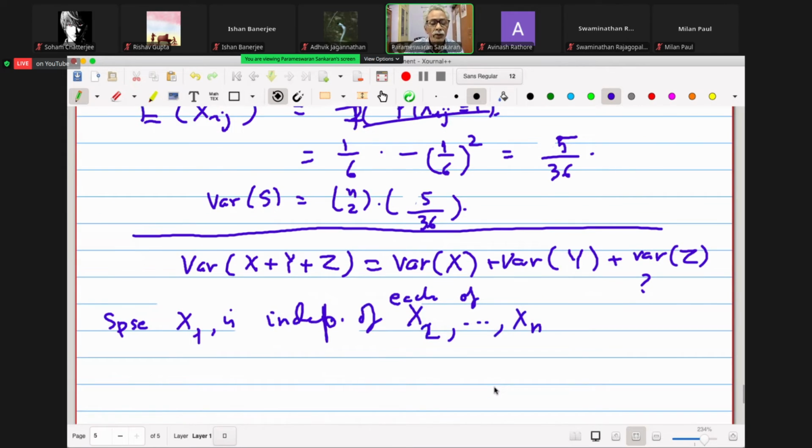The question, so this is something for you to think about, for me also to think about: is x1 independent of x2 plus x3 plus up to xn?